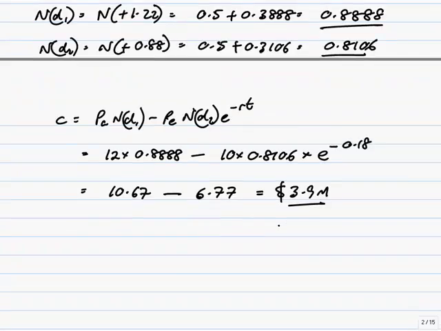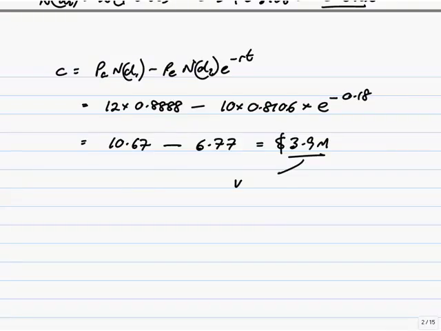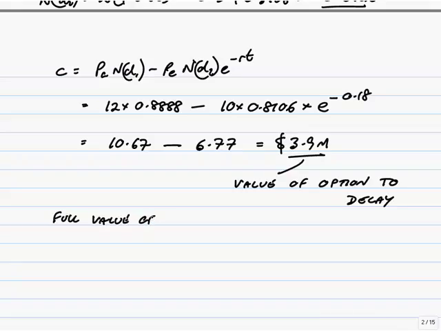Now, that is the value of the call option, of the option to delay, which means that the full value of the project to us, remember, if we were forced to do it now, then on expected figures, we had an NPV of 2 million.